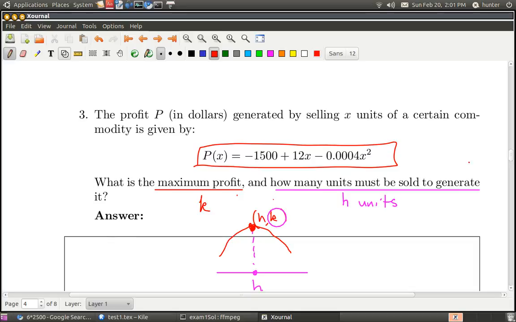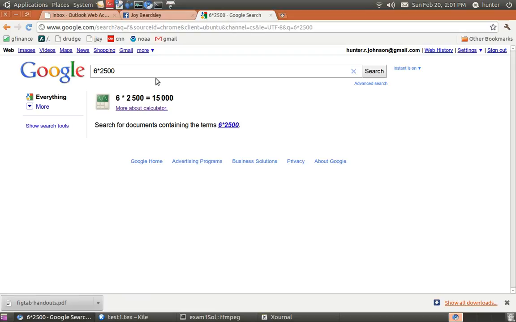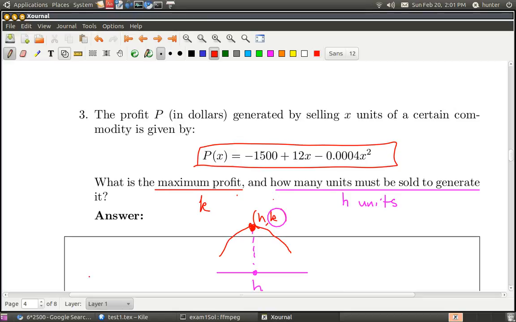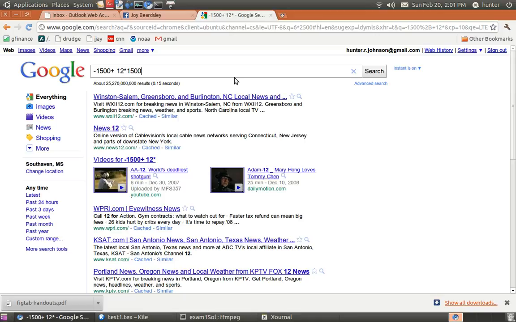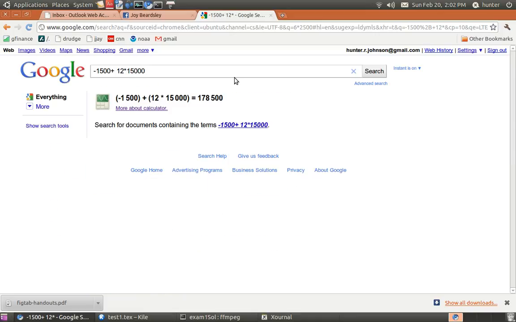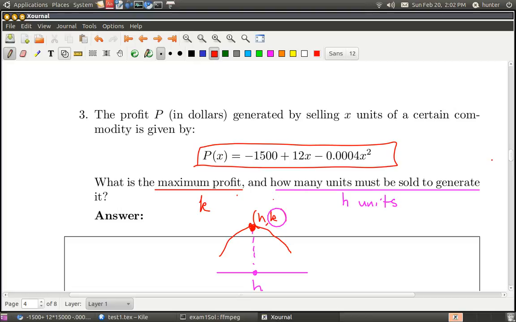So I've got minus 1,500, plus, I think it's 12 times the input, so 12 times 15,000, minus 0.0004 times 15,000 squared, and that comes out to be 169,500.